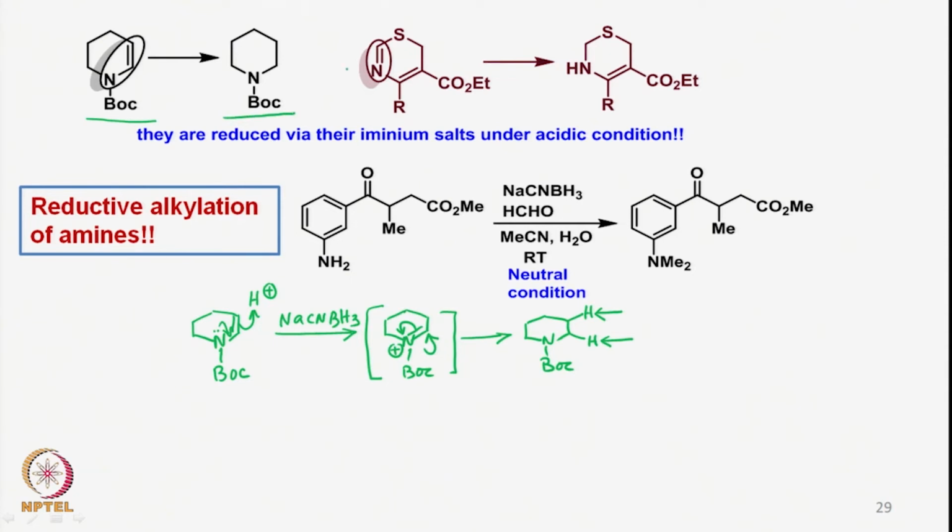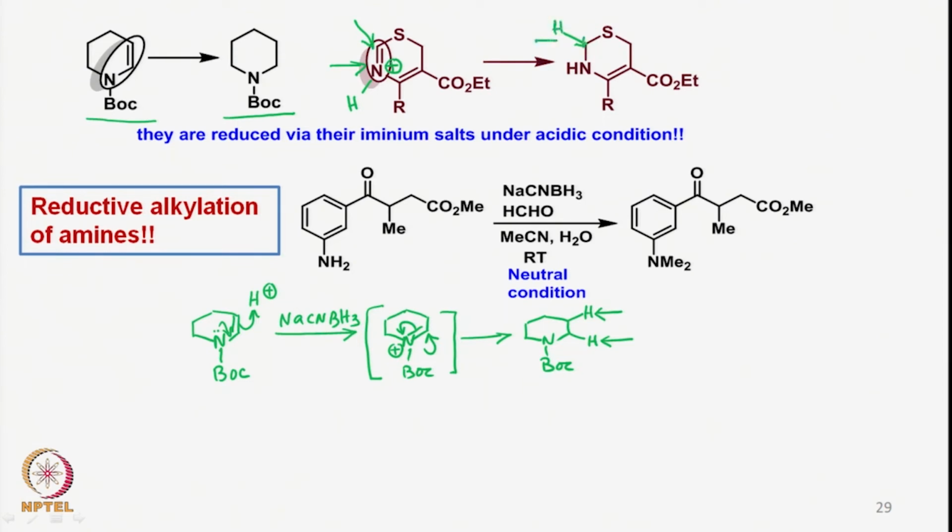In a similar fashion, this is an imine, and it is very easy to understand that it gets protonated under the conditions to form the corresponding positive charge on this center, and therefore the nucleophile sodium cyanoborohydride would attack here and then your hydrogen will come there.